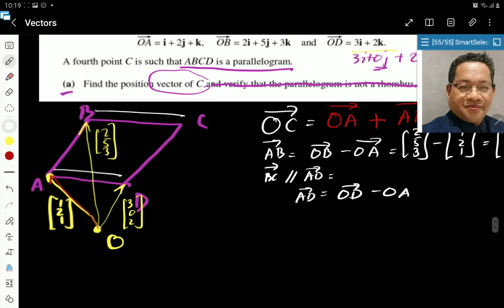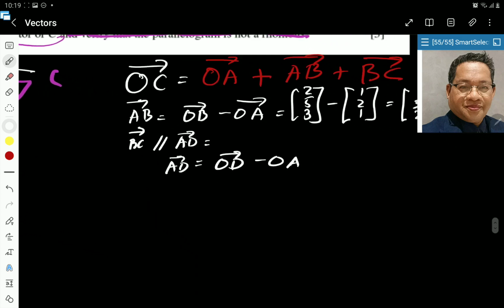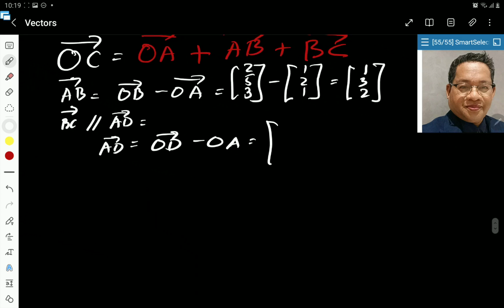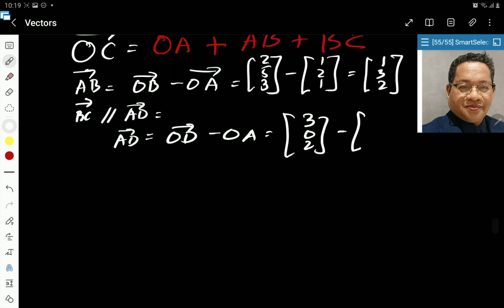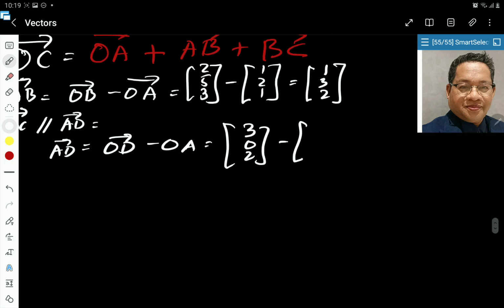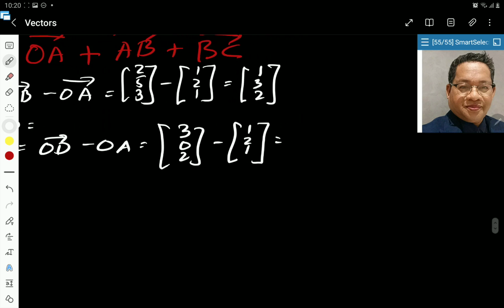OD is 3, 0, 2 minus your OA, 1, 2, 1. So you have 3 minus 1 is 2, 0 minus 2 is minus 2, 2 minus 1 is 1.